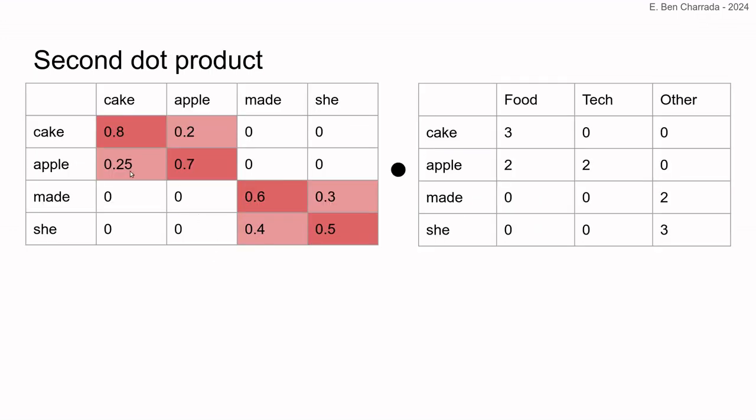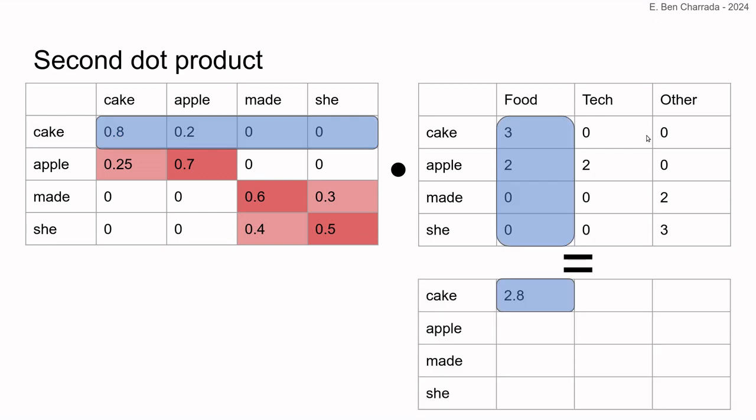So we will multiply this similarity matrix with the very first matrix, where we have the representation of each word on the 3 dimensions. This will take into consideration the similarity between cake and all other words in the sentence, and multiply it with this.